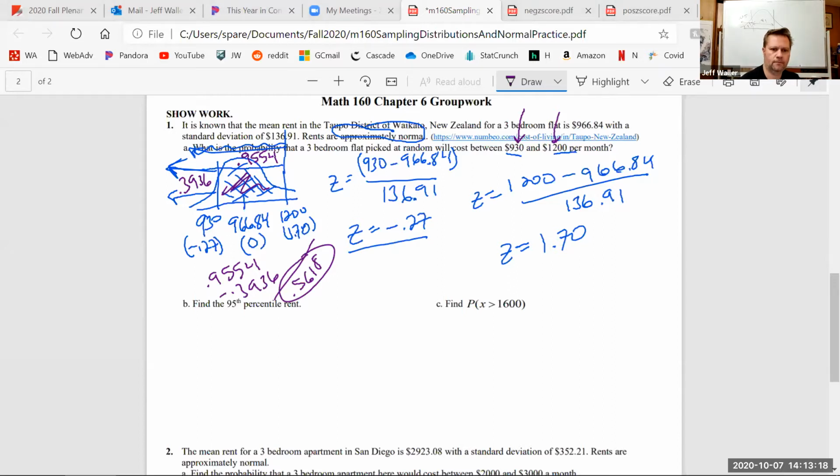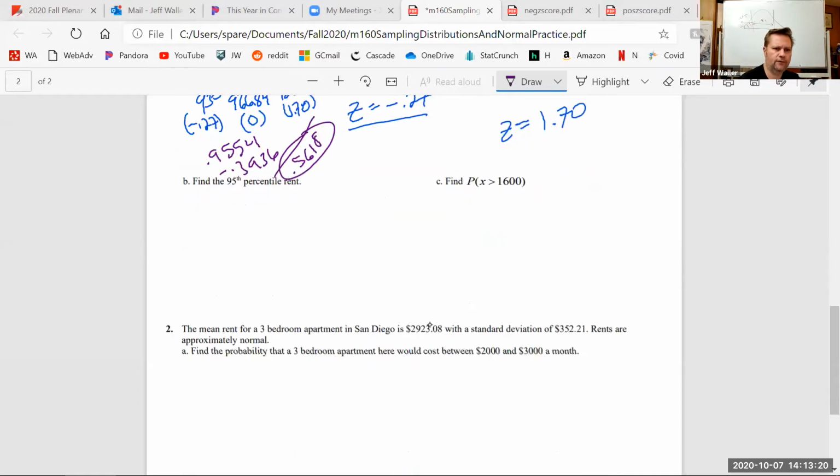All right. What about this guy? 95th percentile rent. Where would that be on the picture? The left. So 95th percentile means there's supposed to be 95% of the picture below it.